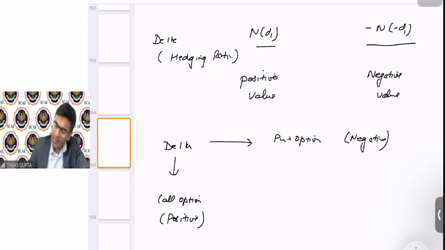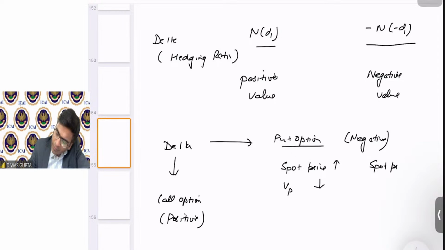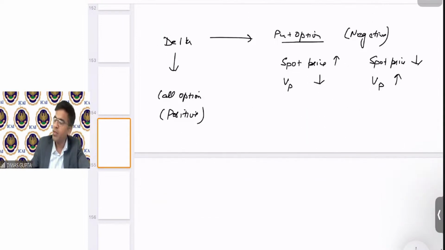So let's first explain why delta of a put option is negative, students. The delta of a put option is negative because if spot price increases, the value of put option decreases. Correct? Similarly, if the spot price decreases, the value of put option increases. I hope all of you are able to make it.